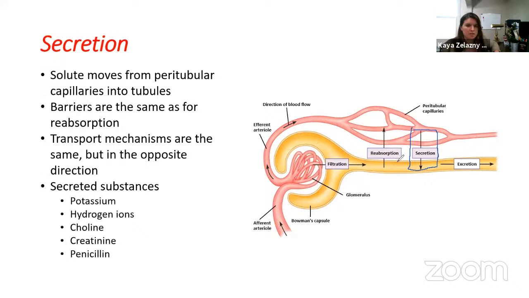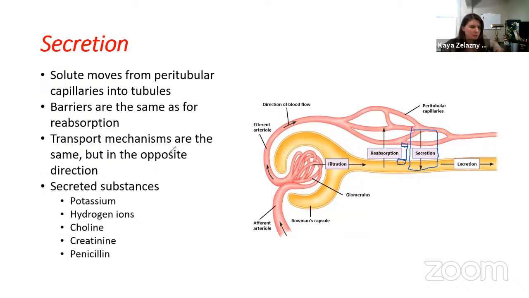We're going to have to cross the epithelial layer of the nephron, of these tubules in this case. We're going to have to cross this peritubular space. All right, we just got a little fluid there. Then we're going to have to cross the endothelial layer of the capillary in order to get into the bloodstream, into the plasma.